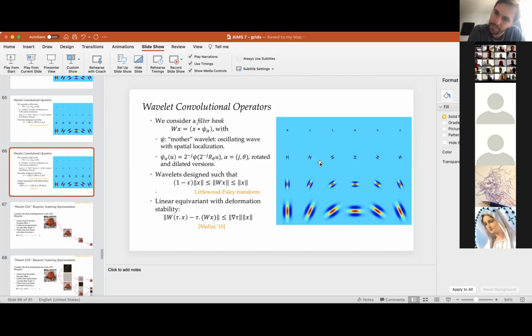Another question, about methods in CNNs. You mentioned residual connections and batch normalization. Is this illustrated in the geometric blueprint? No, so that's the point. The blueprint is trying to stay a little bit high level, so it doesn't really prescribe how exactly to parameterize the linear structure of these equivariant maps.